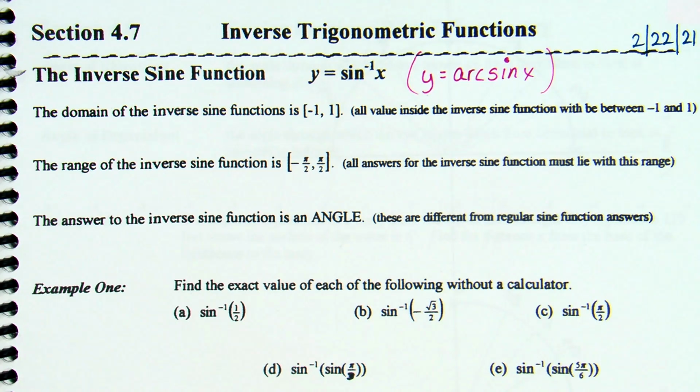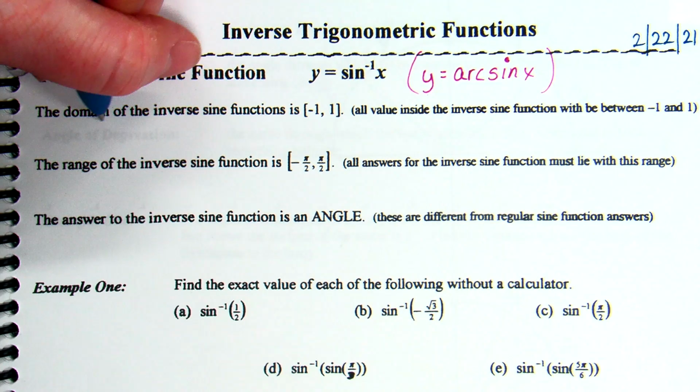Okay, so let's talk a little bit about domain and range of this. Domain of an inverse sine function. Of course, domain means your x values, your input values, right? So the domain of the inverse sine function is negative 1 to positive 1.